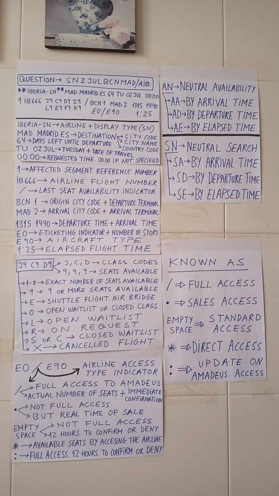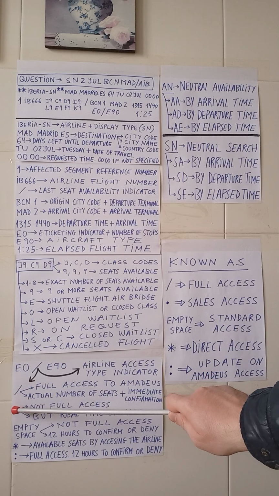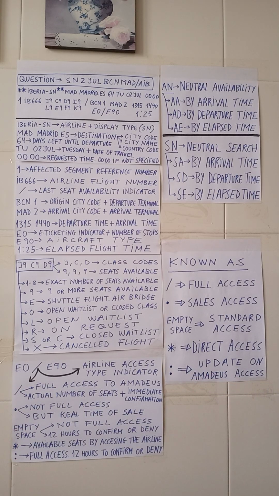Of this information, what I left pending before without explaining was the bar. Now I am going to explain the meaning of the bar. The bar, or the other four symbols, that can appear in this area of the screen are called airline access type indicator.